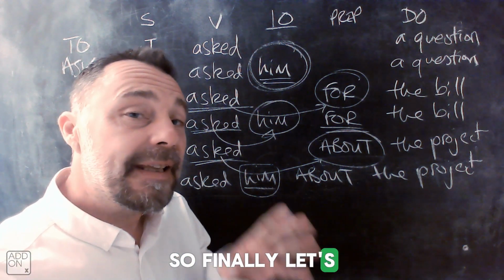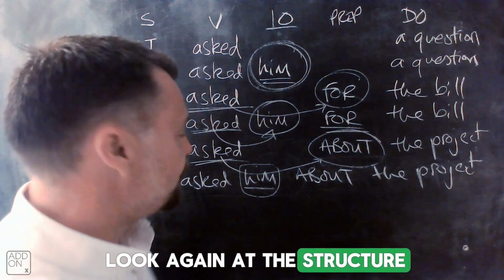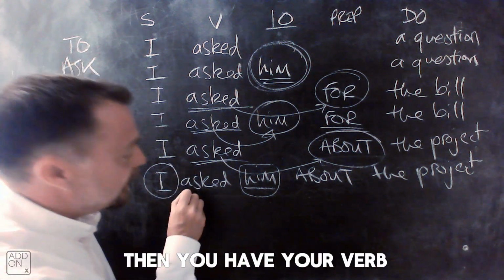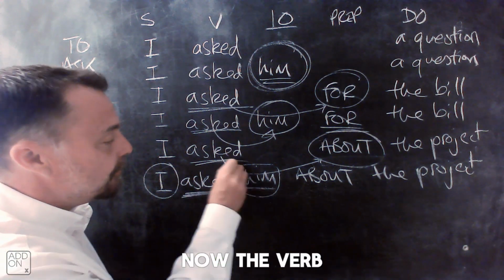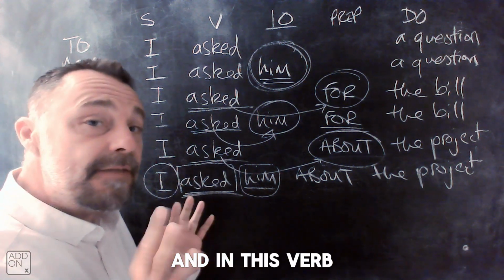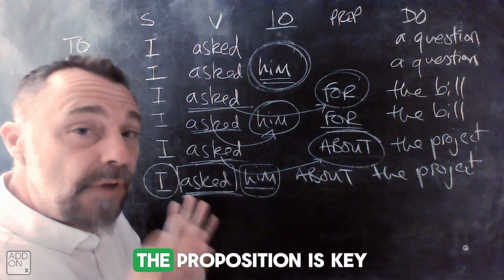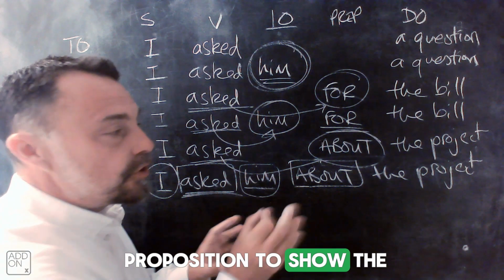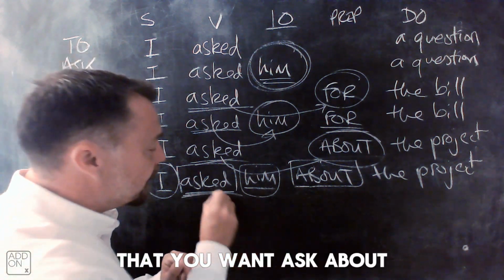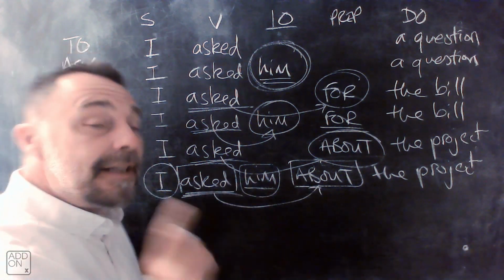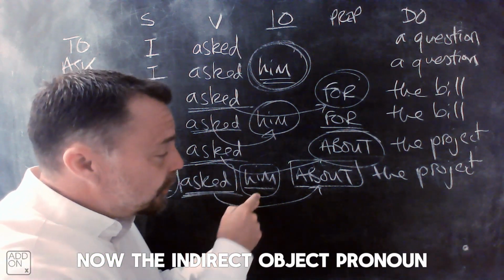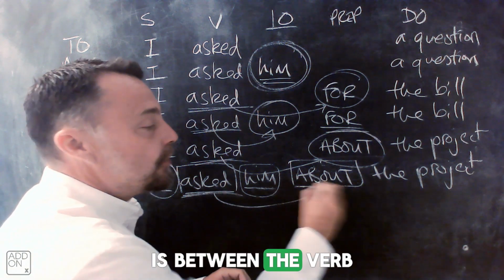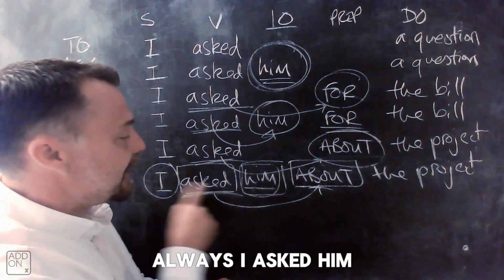So finally, let's look again at the structure. You have always in English a subject. Then you have your verb. Now, in this verb with ask, the preposition is key. So you need a preposition to show the meaning of ask that you want. Ask about. Now, the indirect object, the object pronoun, is between the verb and the preposition. Always. I asked him.